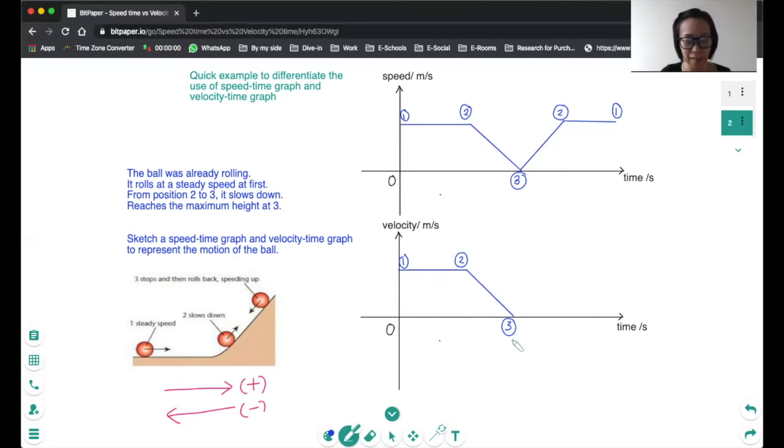Now this is where the difference lies between the velocity and speed time graph. Because the ball has changed direction, it's going into the negative direction as we have specified here. We'll just put in some numbers, because these are arbitrary. For example, you have -1, -2, -3 in the negative portion.